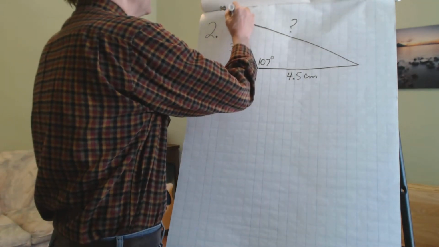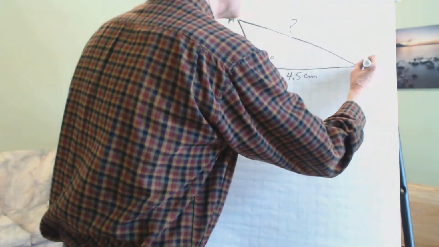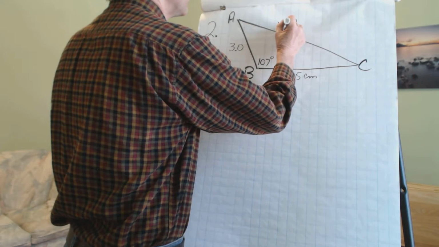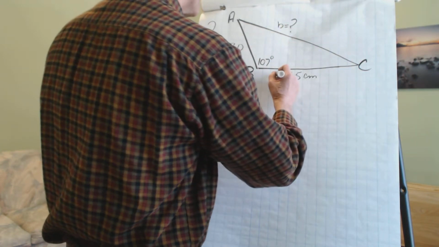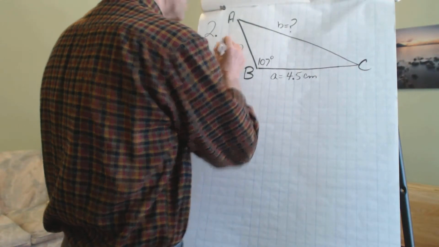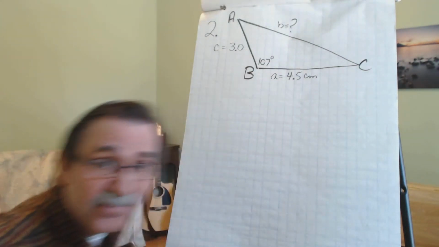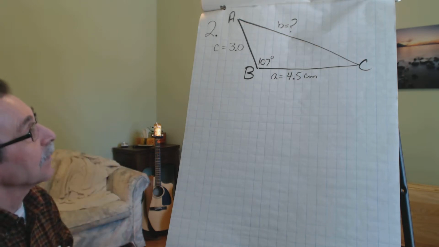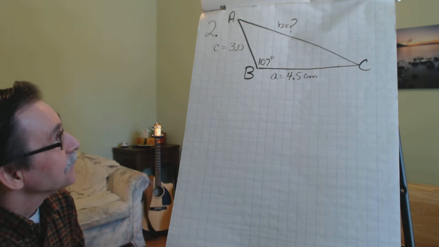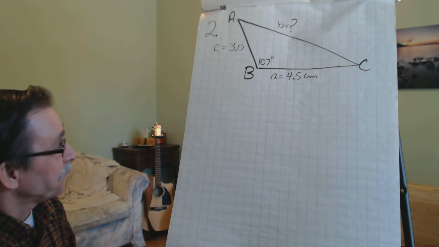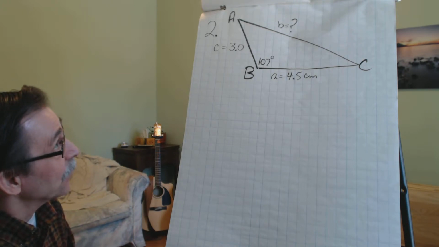So A, B, and C, and we are obviously solving for little b, and that makes this little a and this little c. Let me see if it's all in the picture. Yep. Okay. So you look at what it is you want to solve here. We're solving for little b.